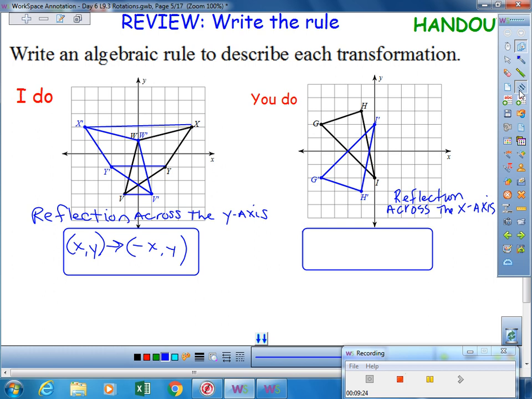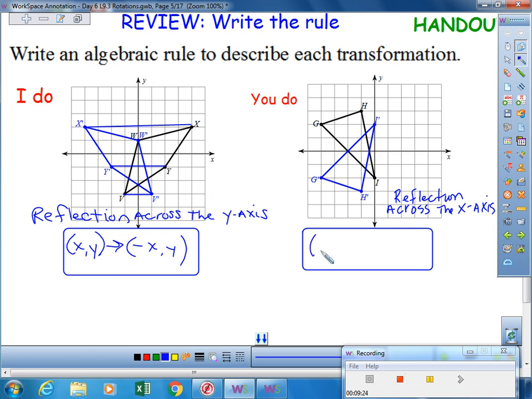And you can look. Remember, your line will be perpendicular to the line of reflection. So these are all perpendicular to this line. A little hard to see.